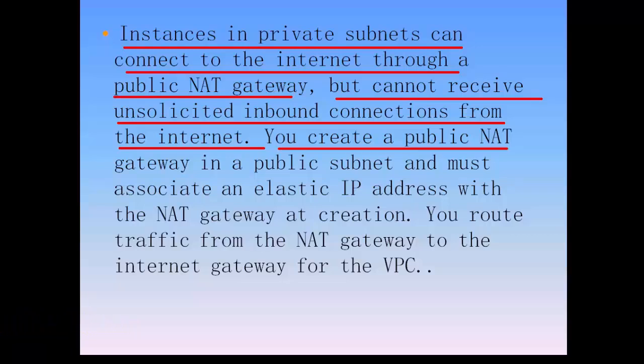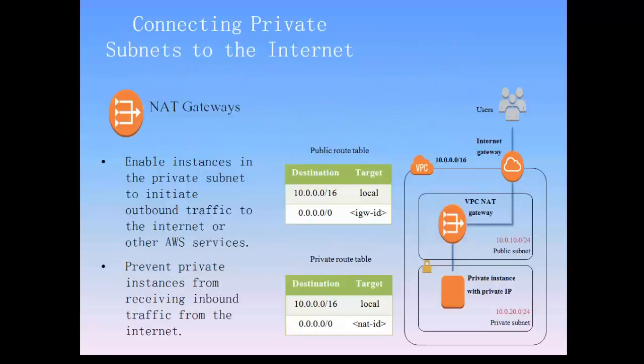Always keep it in mind when we do the practical: the NAT gateway is always in the public subnet. It's a very practical as well as interview question, and also an exam point of view. NAT gateway is always configured in the public subnet used by the private subnet.